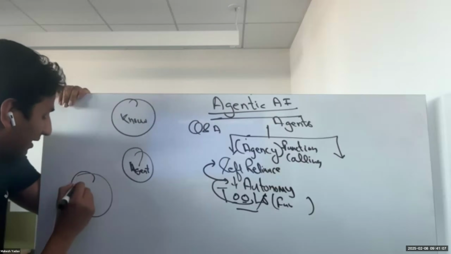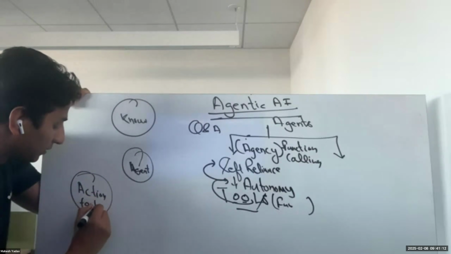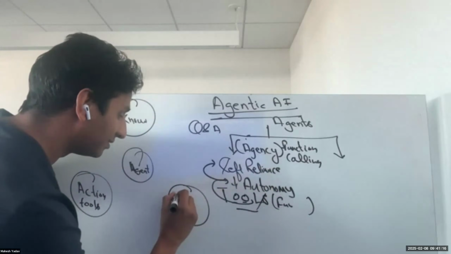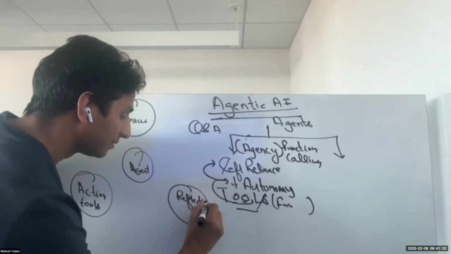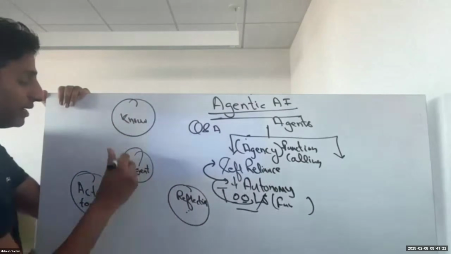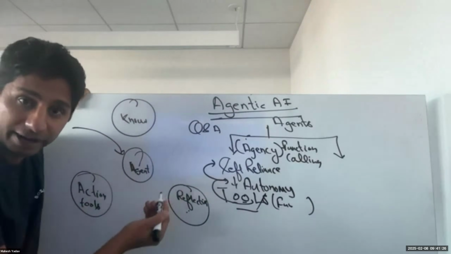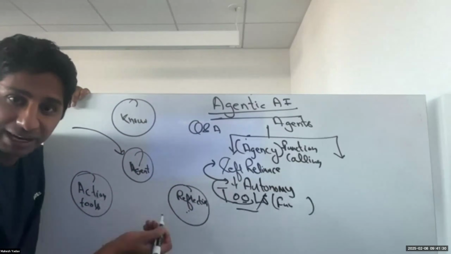Then it has actions or tools, and then it has self-reliance, I can say reflection, right? So if somebody says, agent, go do this, which is change the state of X to Y, say I gave it a contract and said, tell me if there are risks in it, highlight those for me.